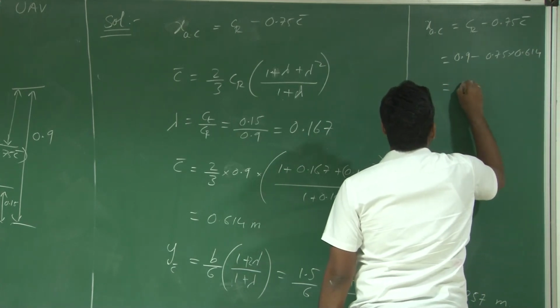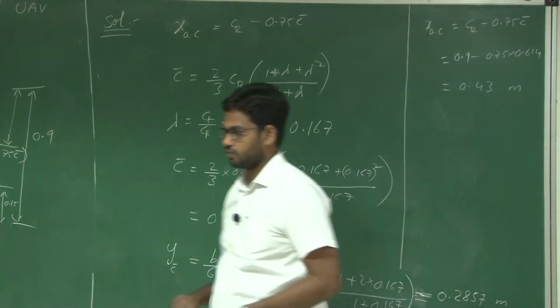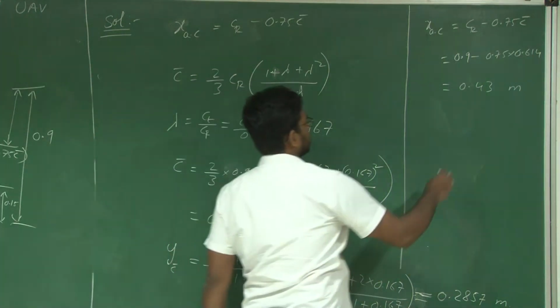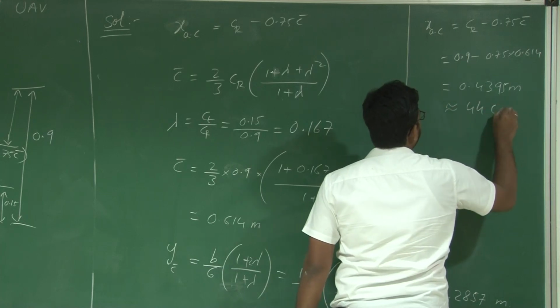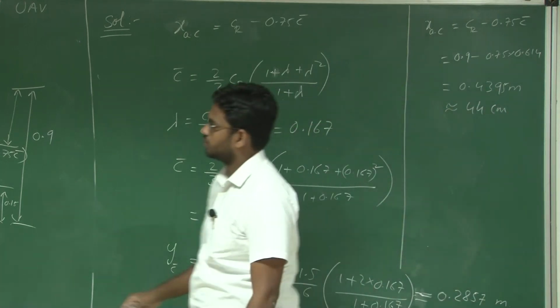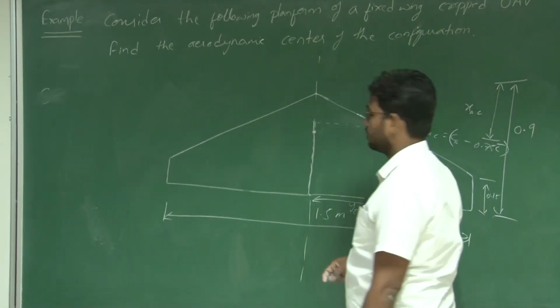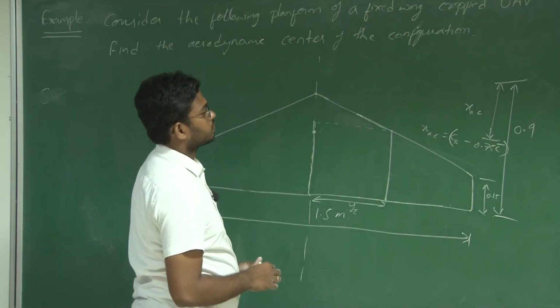This equals approximately 0.43 meters, more precisely 0.4395 meters, which is approximately 44 centimeters. It is at a location of 44 centimeters from the nose leading edge of this root chord, right?